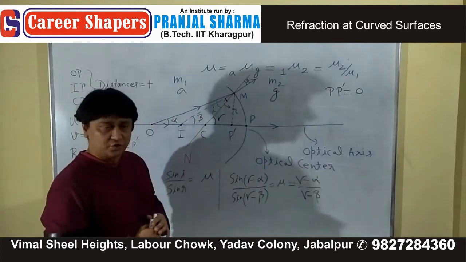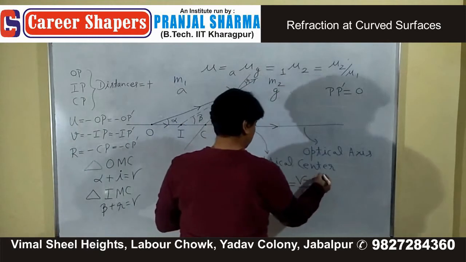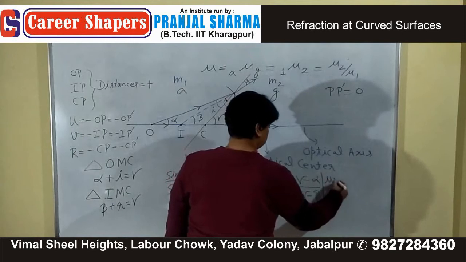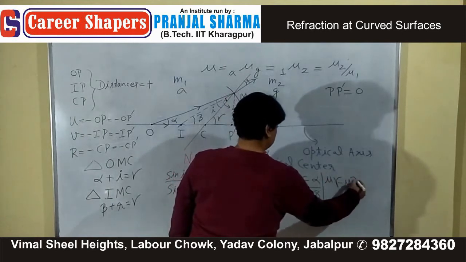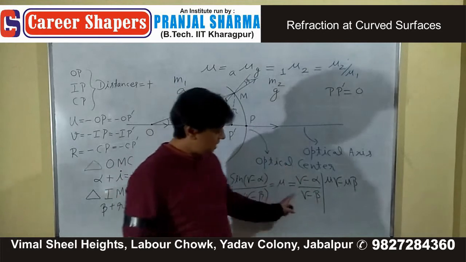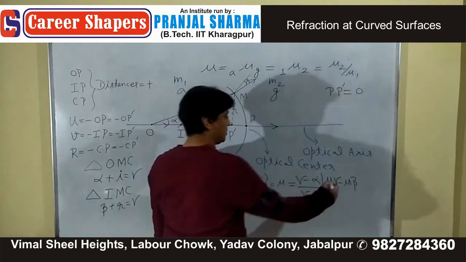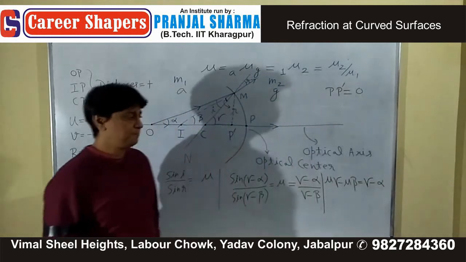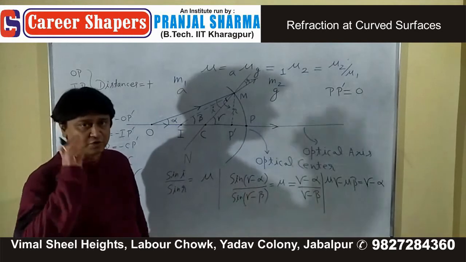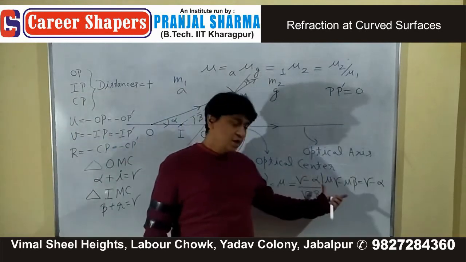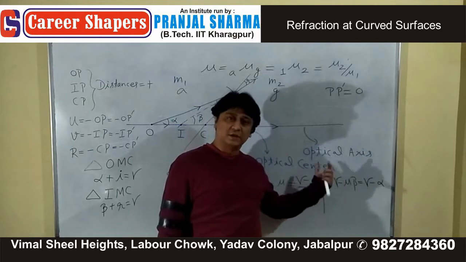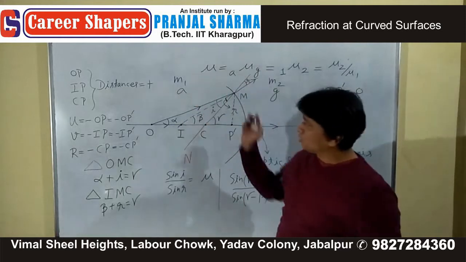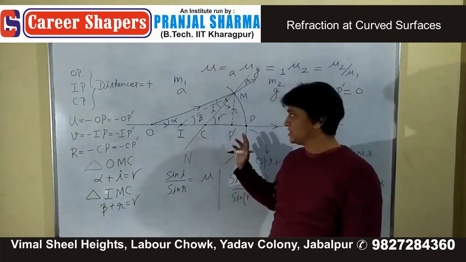Once you found this relation, let's readjust this whole part in this form. This is mu gamma minus mu beta equals gamma minus alpha. Now from this part, always remember that you will have to keep the distance of object and distance of image on the left side. Now, what are those things which will give you distance of object and distance of image?